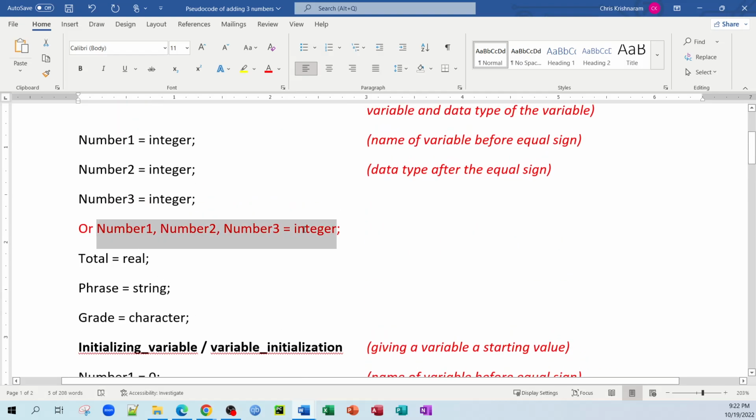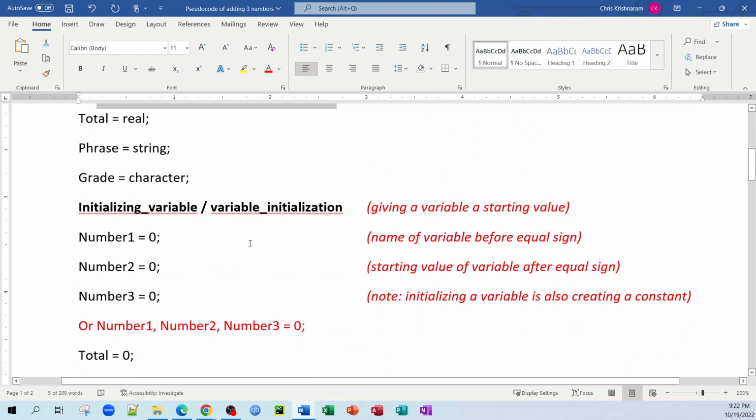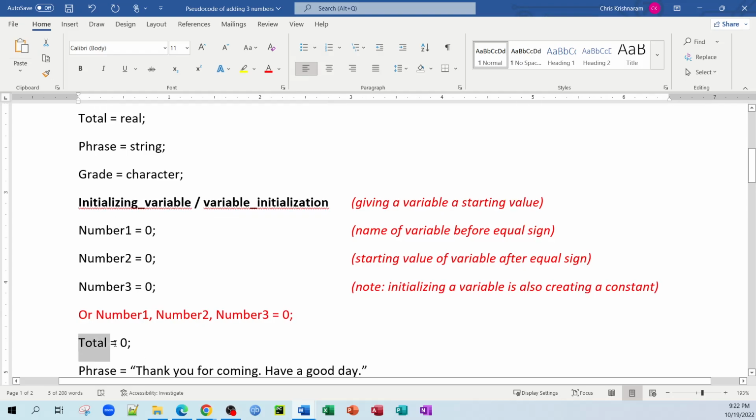Now total here also equals to 0, so we can actually add that in also. So once they're the same data type, once they're the same starting value, the same initializing value, you can type them in the same line, and that way you can save space and so on.